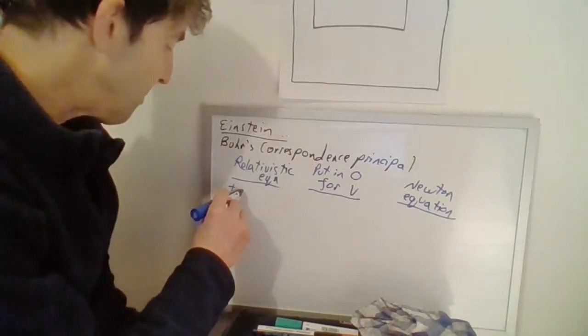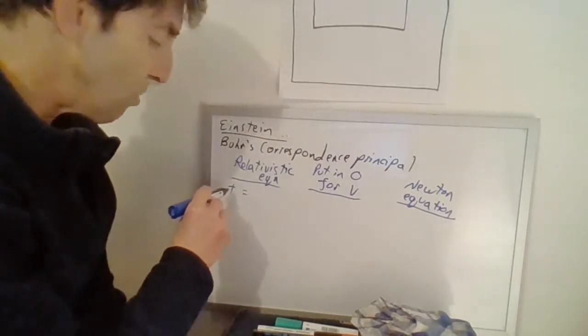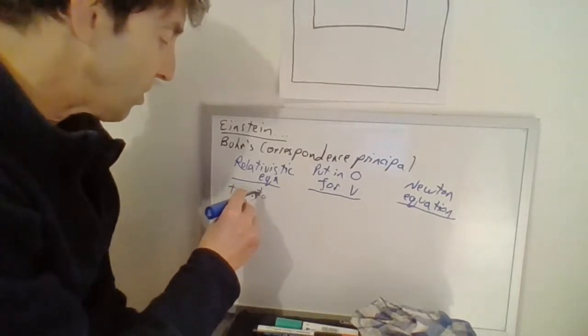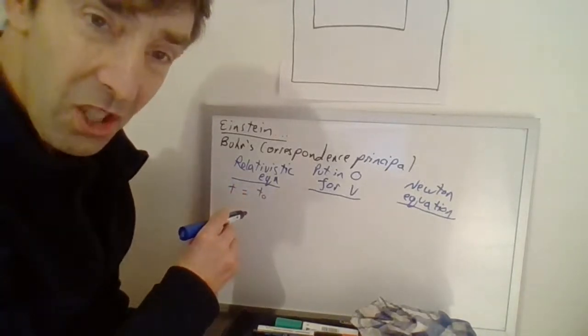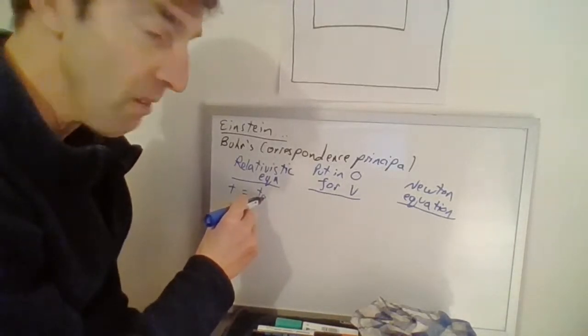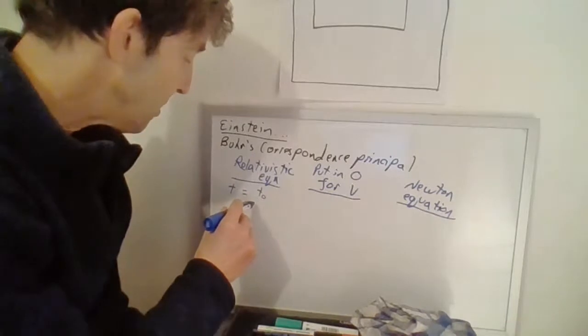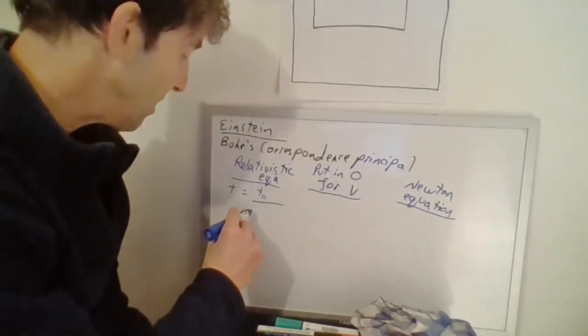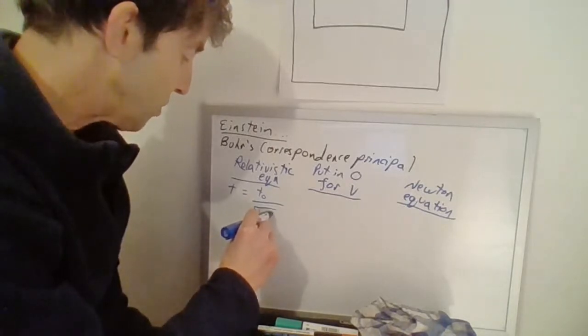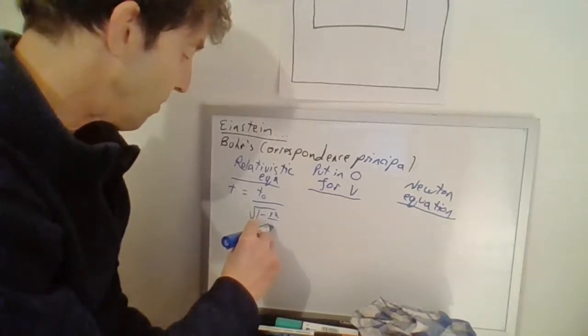For time, to get relativistic time, we take the original time, or time from somebody in a rest position with respect to the events, divided by this correction, square root of 1 minus v squared over c squared.